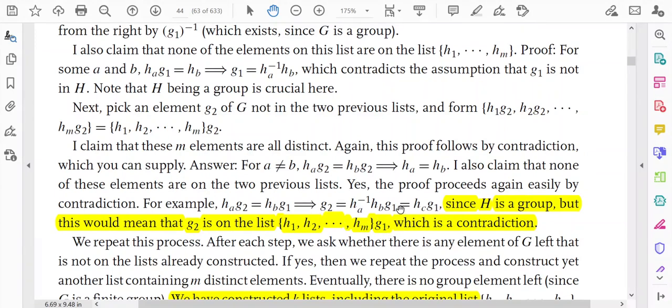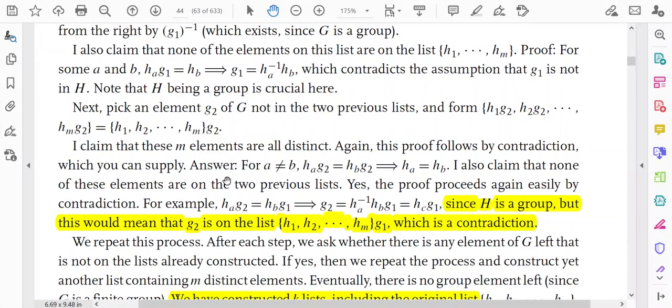So g2 equal to hc g1 means we have formed a group earlier by multiplying g1 with H. So g2 should be contained in that particular group. Why? hc g1 means g1 has been multiplied with an element of the group capital H. That means this list we have generated before. So g2 should be contained in this list, but that is in contradiction to our assumption.